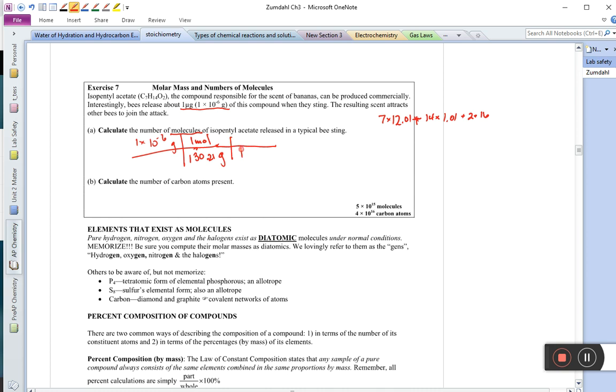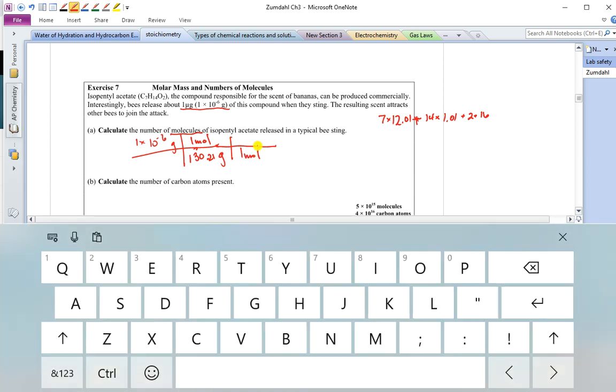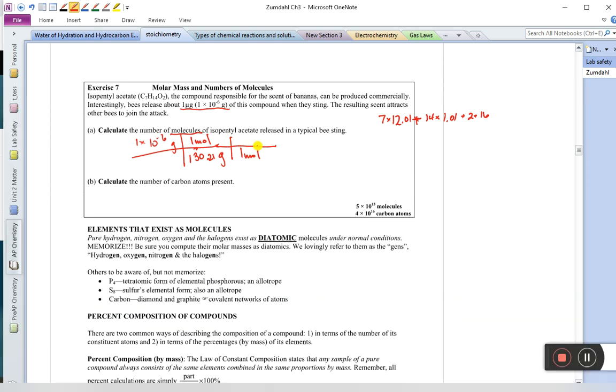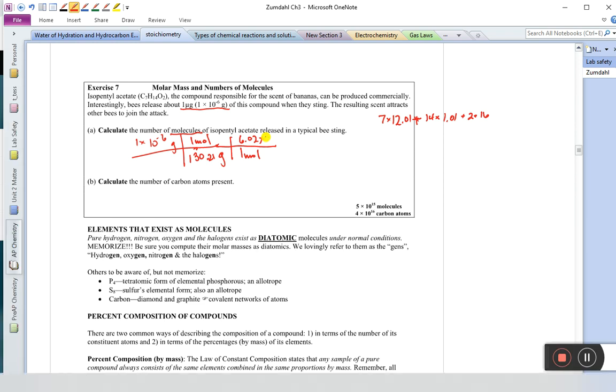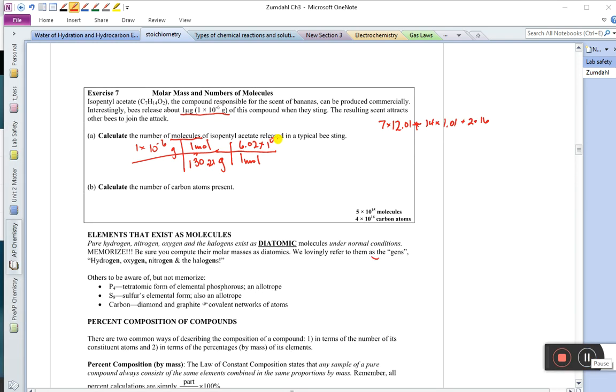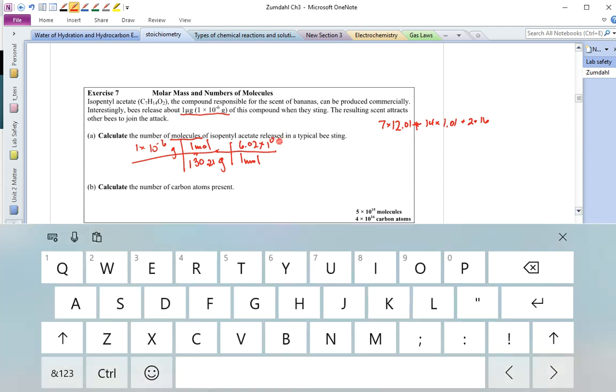That 1 mole contains 6.02 times 10 to the 23rd.